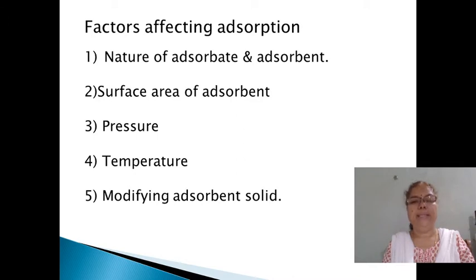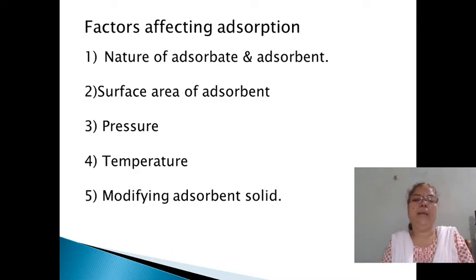And the easily liquefiable gases have greater van der Waals forces of attraction, and hence they get adsorbed more easily than the permanent gases like H2, O2 and N2, which do not liquefy easily.